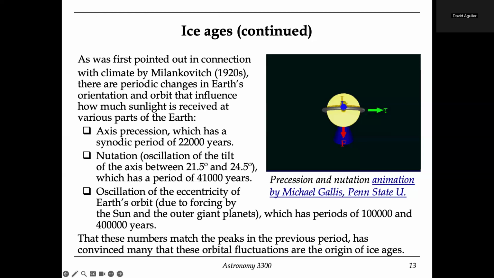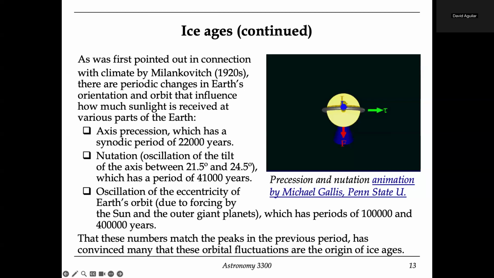Let's say over there. But over the course of 22,000 years, the location of that rotates once. So that's axis precession.